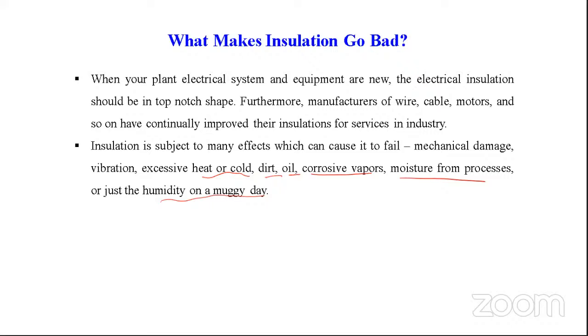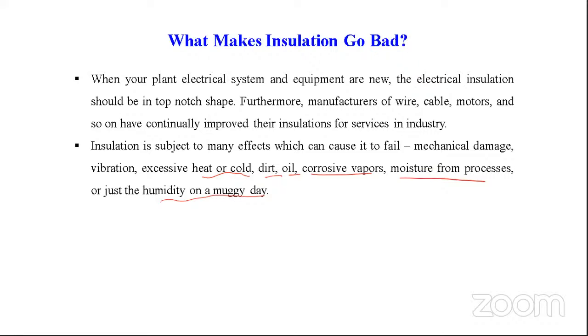So from that we can say whether it is good or bad. But obviously if you have an idea that in brand new condition this is the resistance offered by the insulating material, and the value obtained from the measurement is closer to that, then you can say the insulator is in good condition.